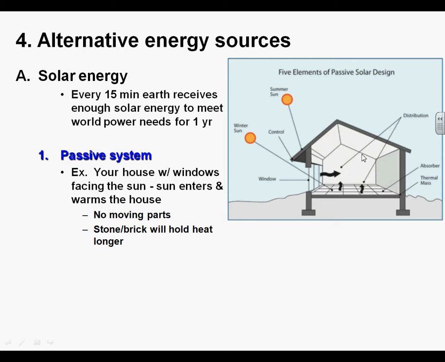And so now my room is warmer in the winter, and cooler in the summertime, because if you ever walk on tile, it's cold, and in the summertime, that keeps our house nice and cold. So this is a passive system for a house.